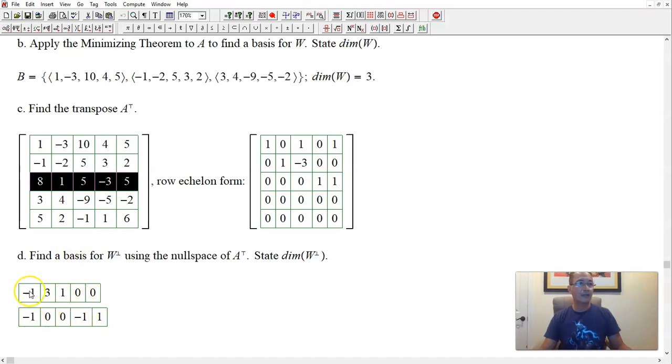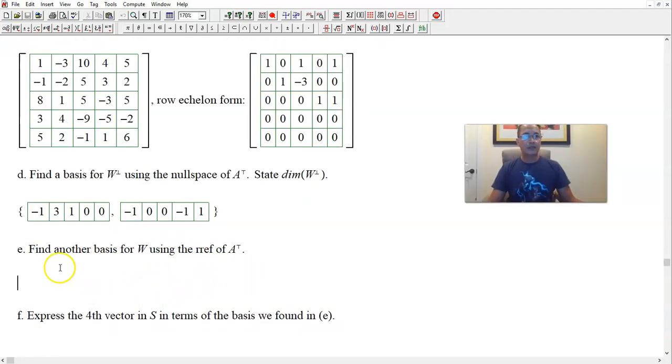How about the second one? Negative 8, 0, 0, minus 5, plus 3 is negative 5, plus 5, that gives you 0. Of course, if we had more time, we could check that these 2 vectors are orthogonal to the other 4 vectors. You can do that.